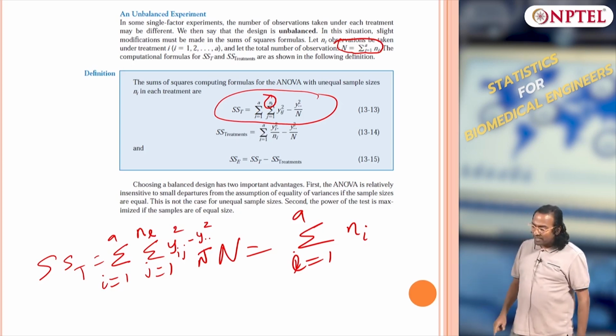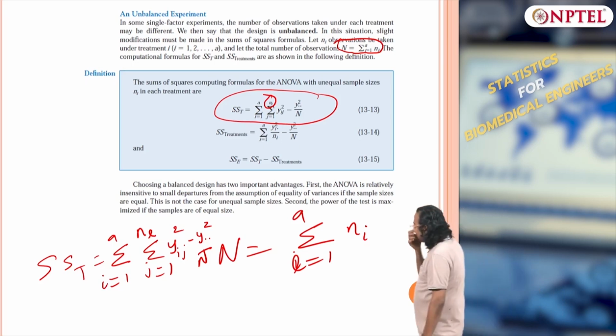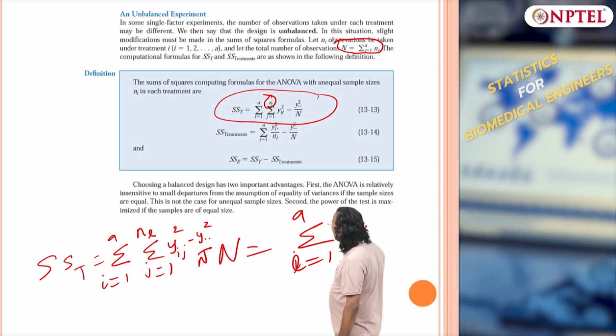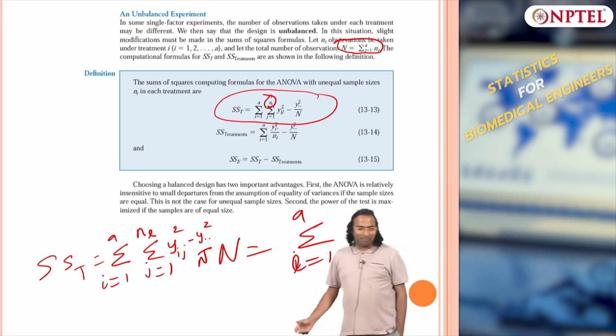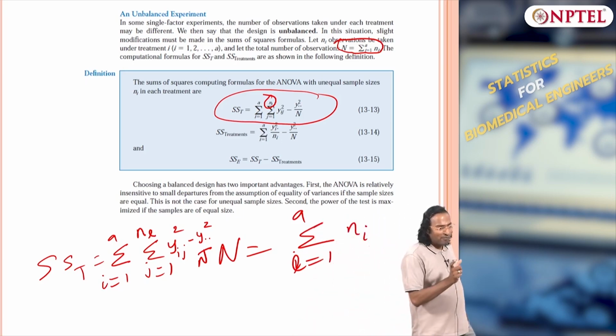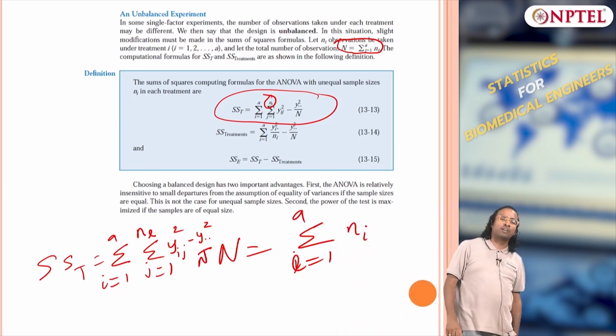So, obviously my sum square treatment has to change, and this is what the sum square treatment is, where capital N is nothing but the summation of all the data points, but for each treatment the number of samples is going to vary.